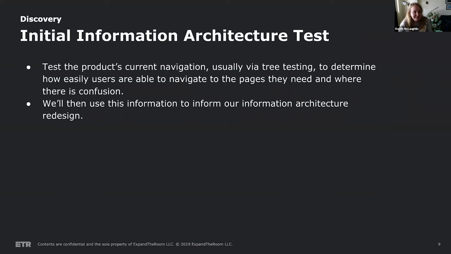We test the product's current navigation, usually via tree testing, to determine how easily users are able to navigate to the pages they need and where there's confusion. And then we can use this information to inform our IA in the redesign.